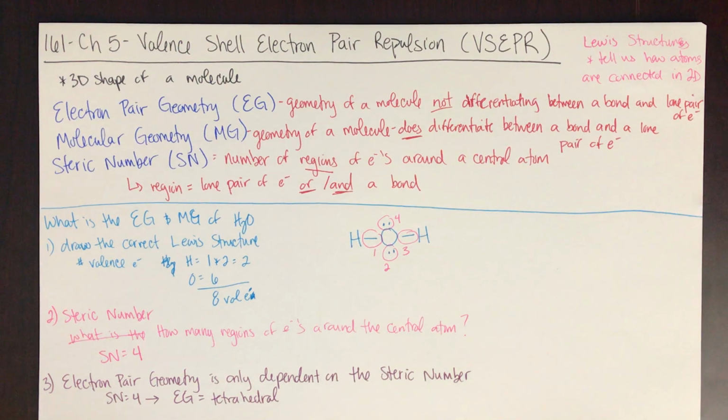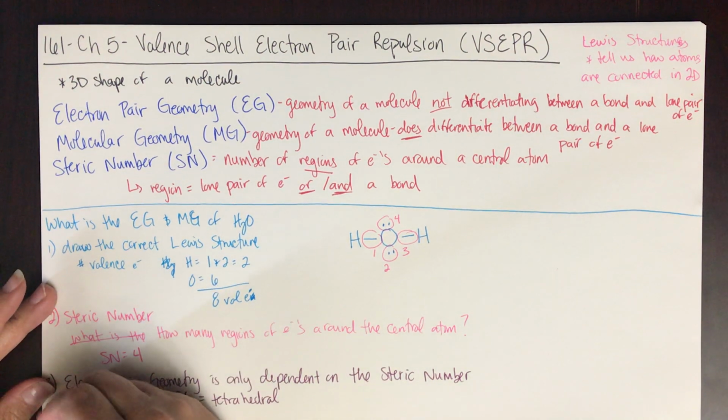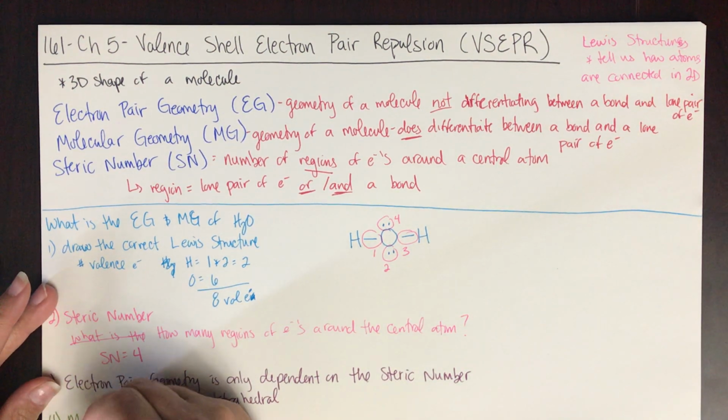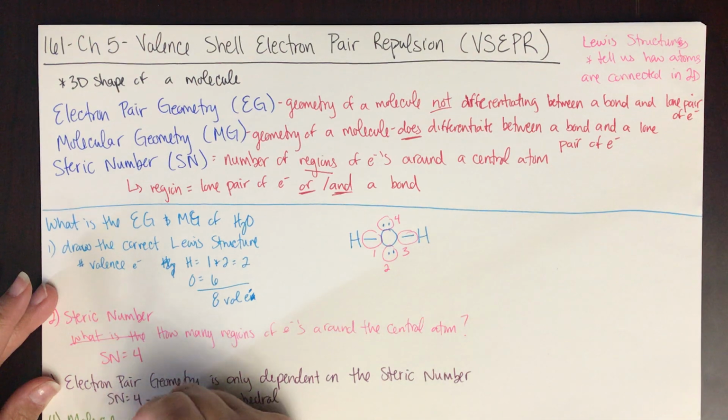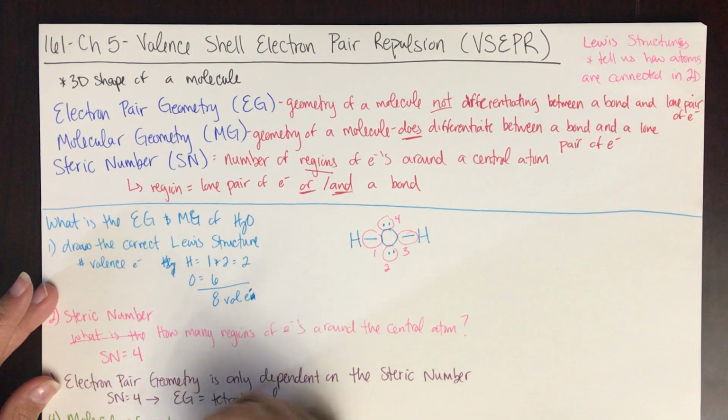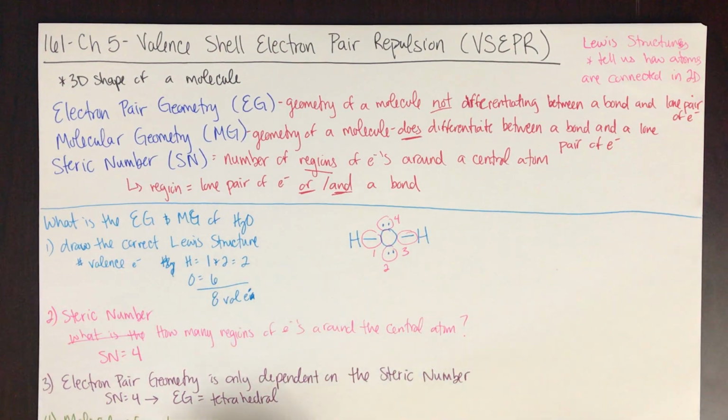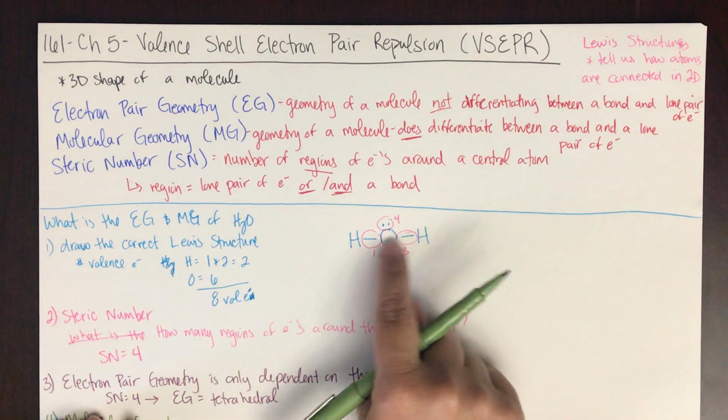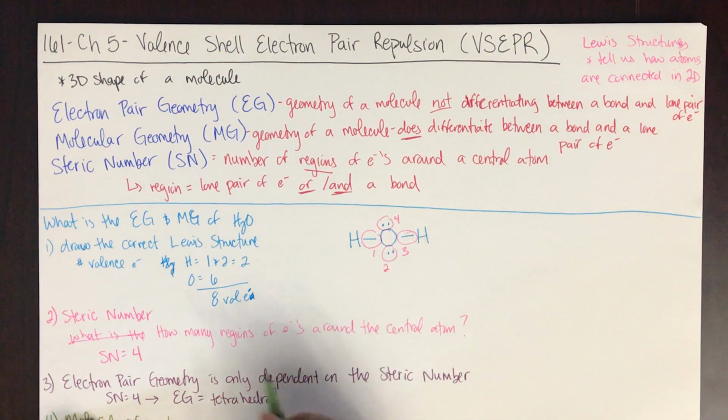So the last thing is the molecular geometry. So the molecular geometry differentiates between the number of lone pairs and the number of bonds.